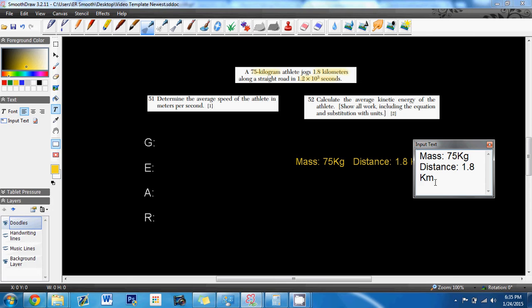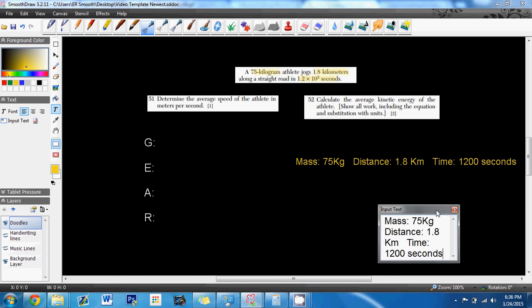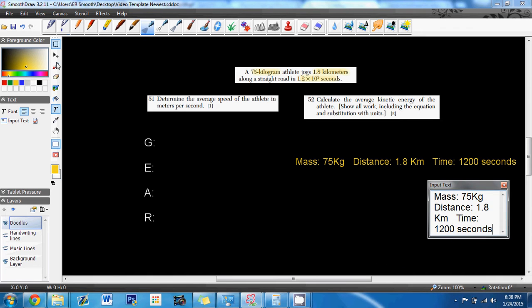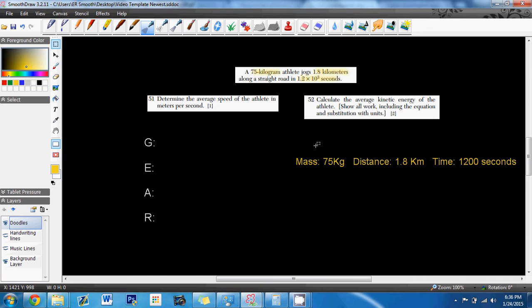They're also giving you the time, which is, if you put 1.2 and you move 3 decimals to the right, you'll get 1,200 seconds. Okay, so that's our given. That's what they're giving us in order to solve.